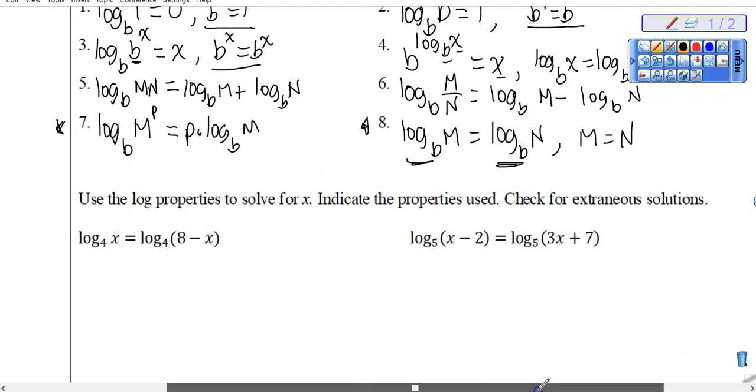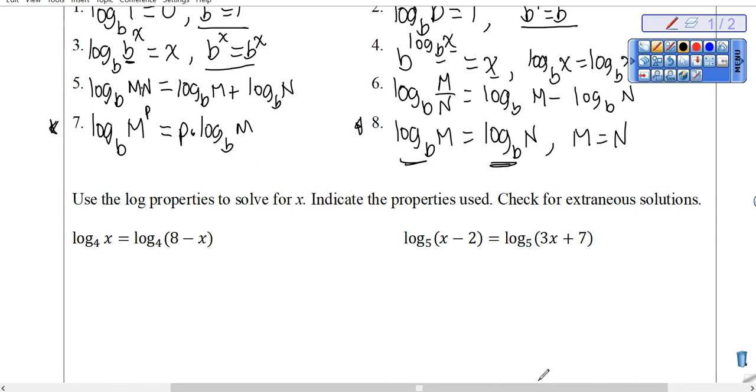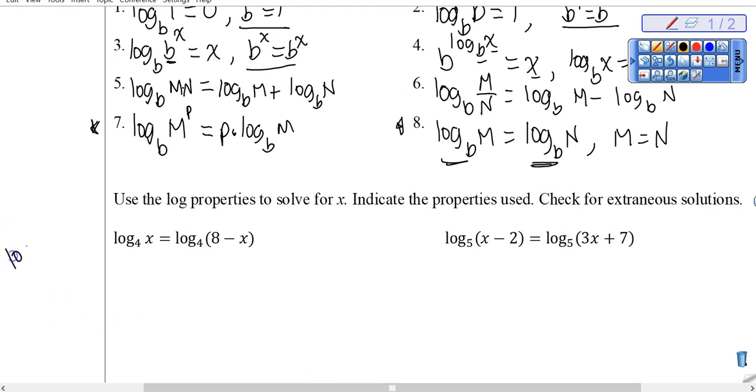So we have three different types of questions that you have to answer, and you have to employ a different strategy for each one. So this one is the strategy for a log equals a log. Okay? So when you have an equation that has a log equals a log, this is a strategy that you can use. But let's read the instructions.